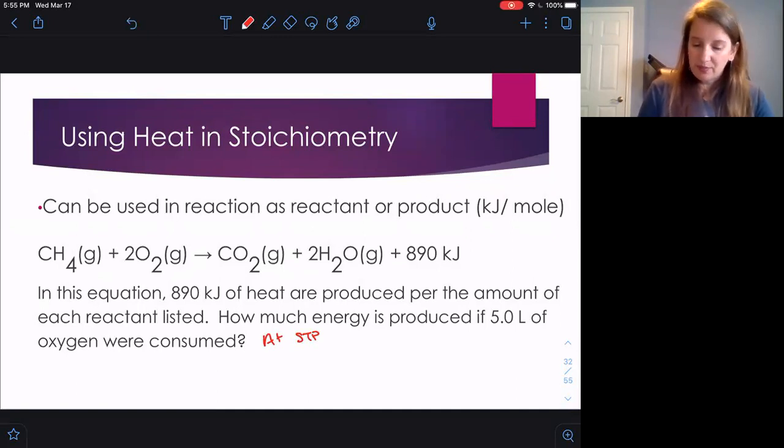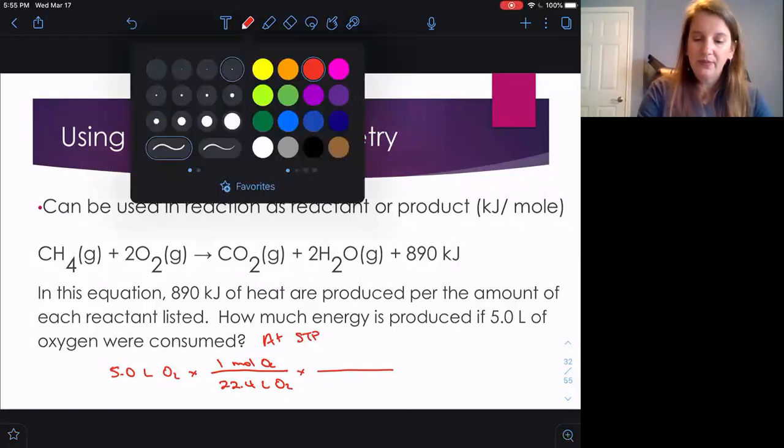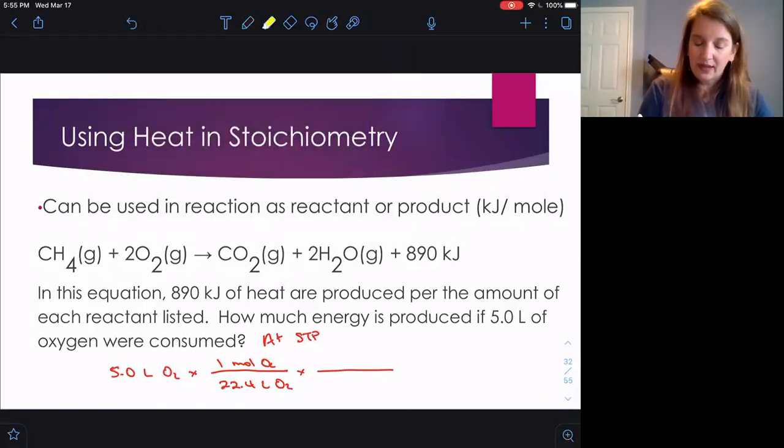We always start by writing our given. So we start with our 5.0 liters of oxygen. Since we have liters, we know that there's 22.4 liters of oxygen for every 1 mole of oxygen. And this is where we can use our coefficients, because if we look at our balanced chemical reaction, we can see that for every 2 moles of oxygen, we make 890 kilojoules of energy.